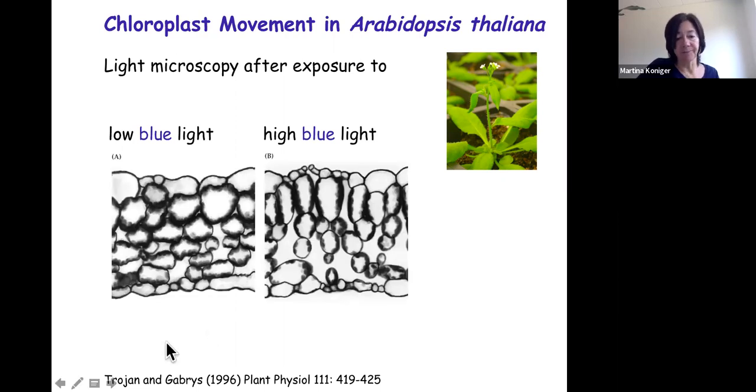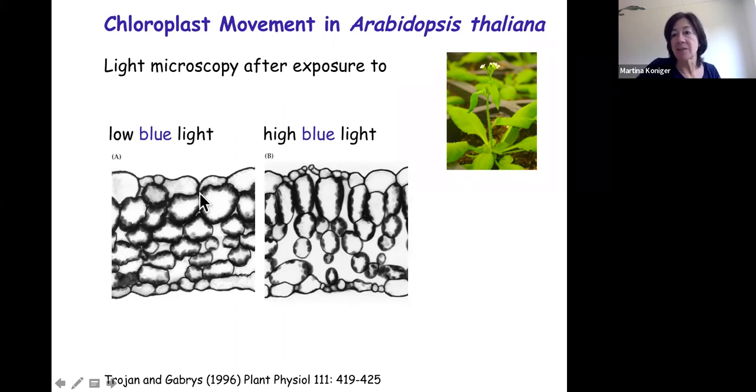And then you make a cross section, you put it under the microscope, and you look at it. And this is what these two researchers from Poland did, and they were the ones who got that whole field started again. What you can see is a cross section of a leaf, right? So if I have my leaf like that and I cut it this way, I look at it under the microscope. So I'm looking at the top of the leaf, the bottom, and then these are the individual cells in it.